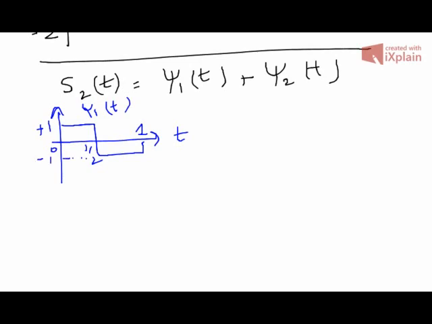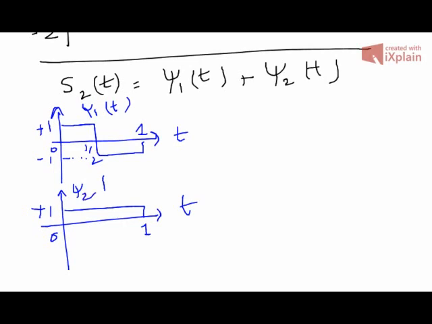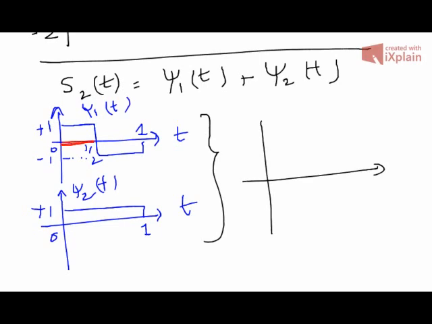Similarly, we have our psi 2 of t, which is unity, so in this derivation it is plus 1. Right? This is our psi 2 of t. So if I add these two waveforms, what would I get? From 0 to half, psi 1 of t is unity and psi 2 is also unity, so 1 plus 1, I would get 2.